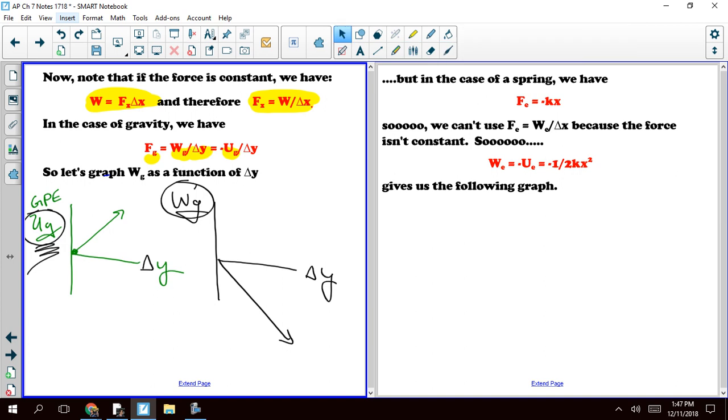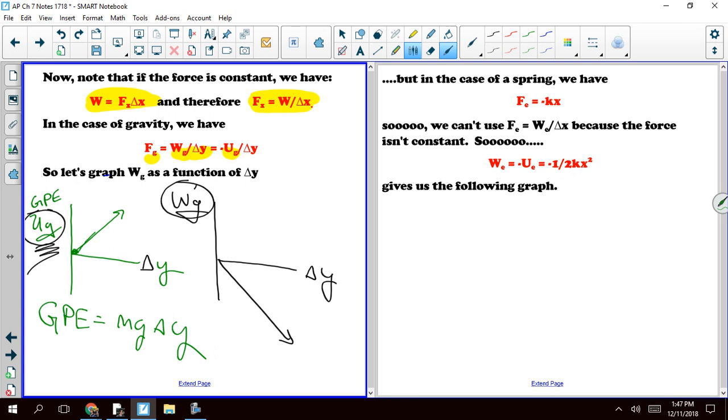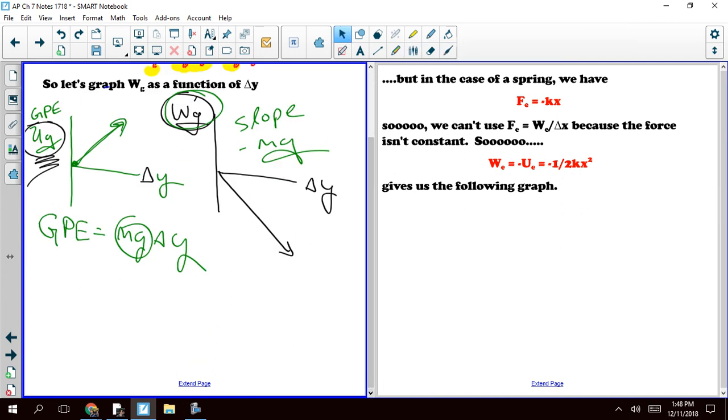So this green graph over here, we already had this equation, but I erased it because I'm dumb. Our GPE is mg delta y, right? So the slope of this line is our force of gravity, right? Which means that the slope of this line must be negative mg, which is our force of gravity, right? Oh, so that means that if I take the derivative of my work graph, it gives me the force. Okay? There's a lot of work to get there.